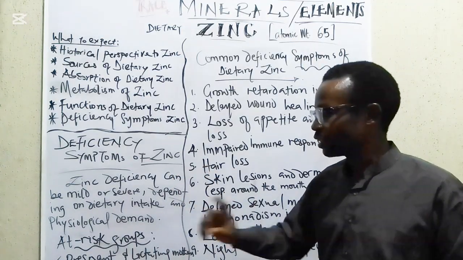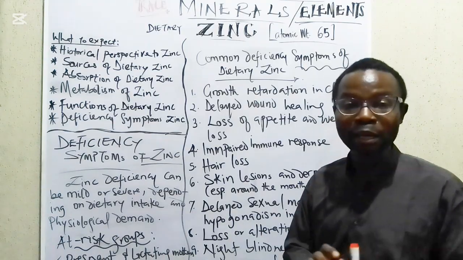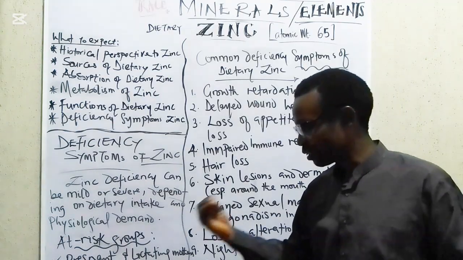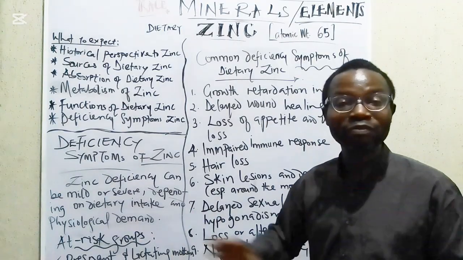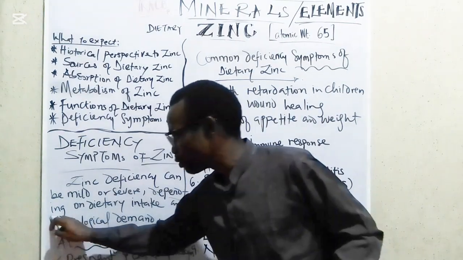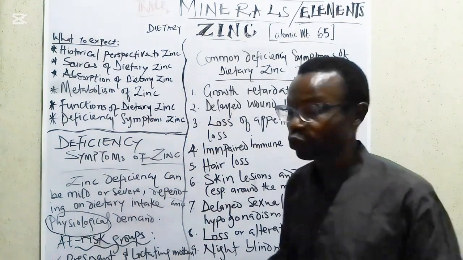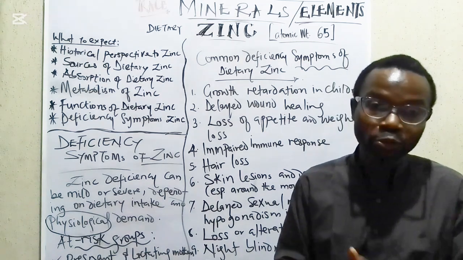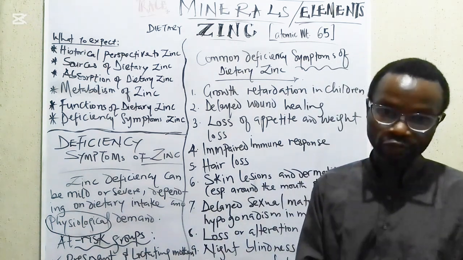If in any way it's not properly absorbed or not taken much in the person or animal's food or feed, there are a lot of physiological problems. The term physiology, just to make it very simple, has to do with function. Just like anatomy has to do with structure, physiology has to do with functions.